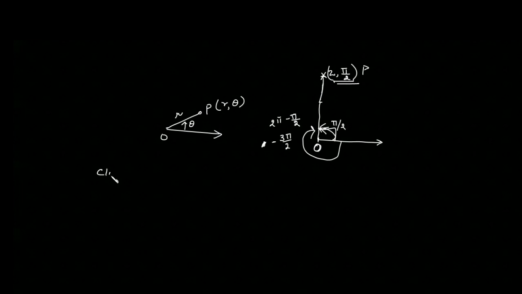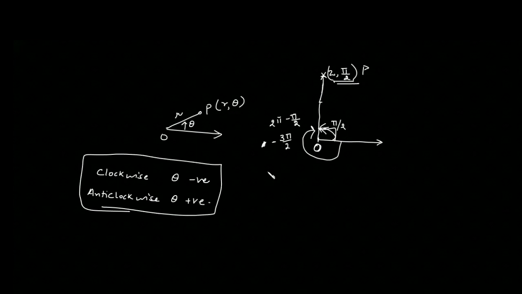So clockwise we measure theta negatively, and anti-clockwise or counterclockwise theta is positive. So if we are moving clockwise, the angle is 3 pi by 2 with a negative sign. So we reach this point in this direction.